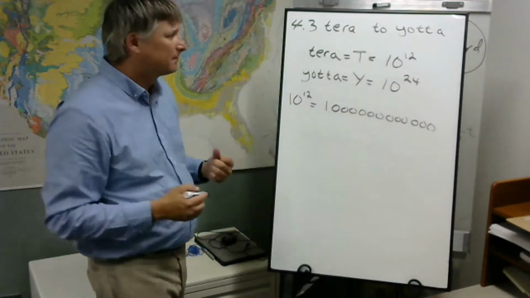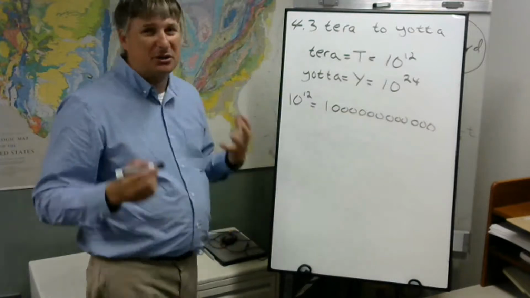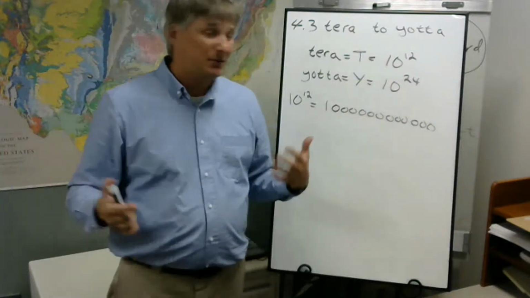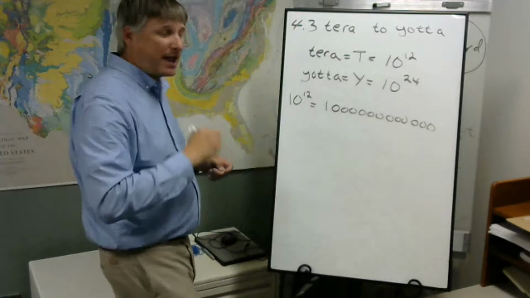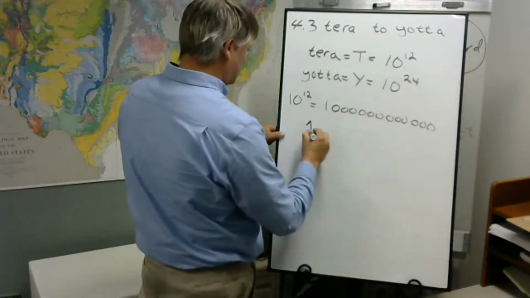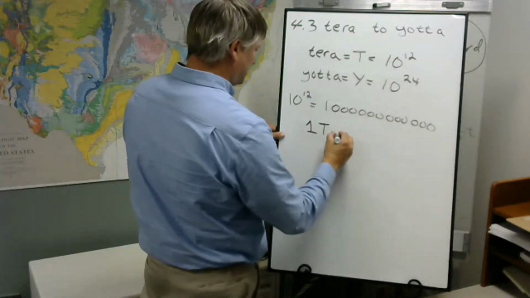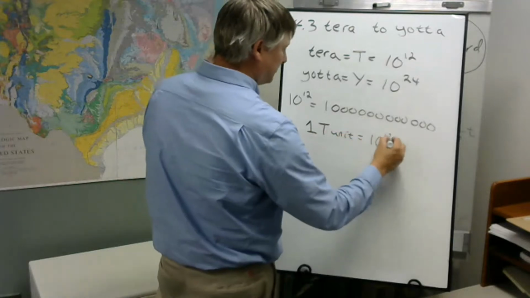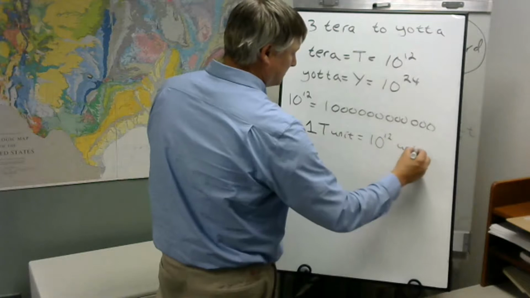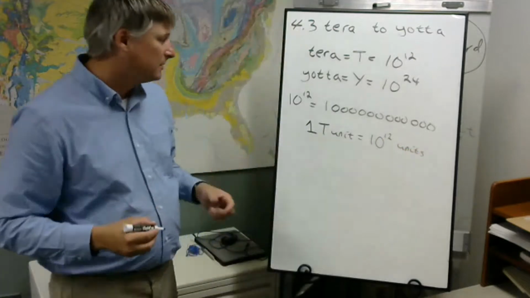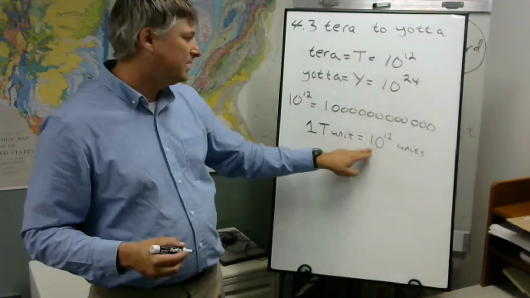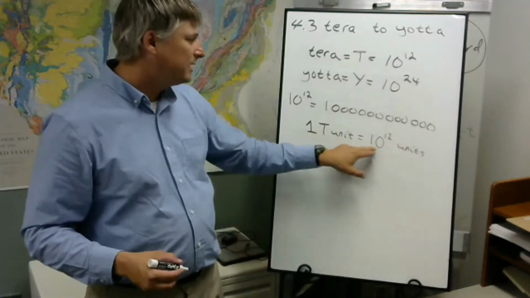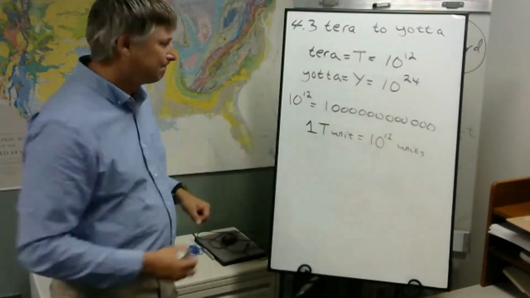So how do we do this? Well, we're just going to do generic units. So instead of choosing bytes or pounds or something like that, let's just do units. So we have this relationship. 1 T unit equals 10 to the 12 regular units, whatever those might be. 1 tera-inch would be 10 to the 12 inches. 1 terabyte, 10 to the 12 bytes.